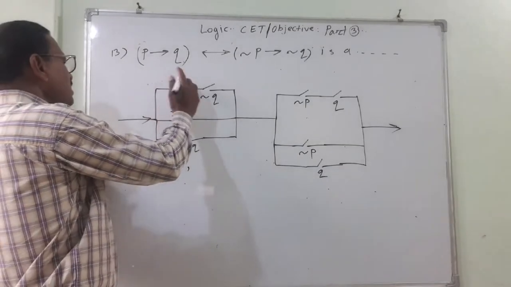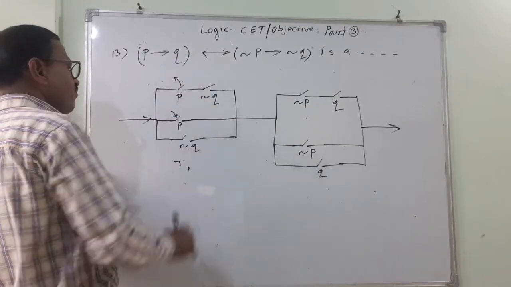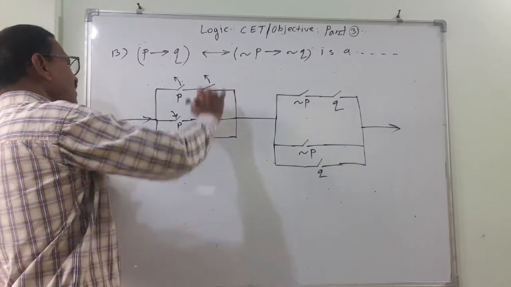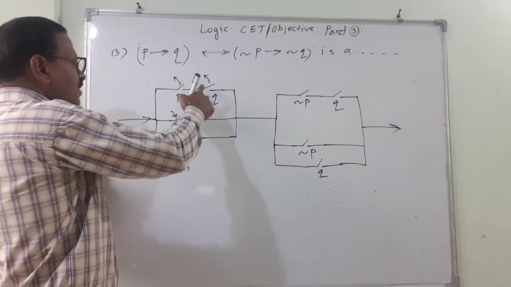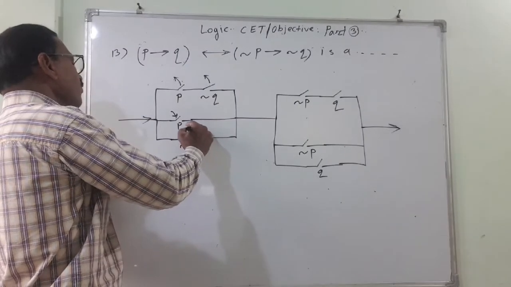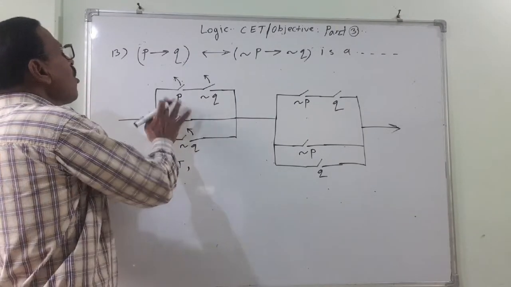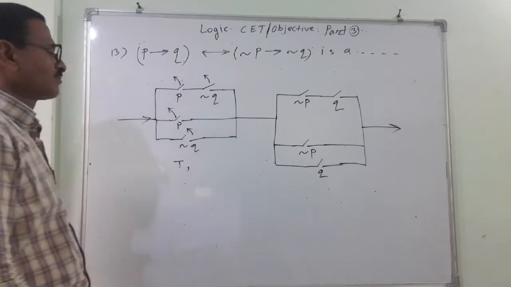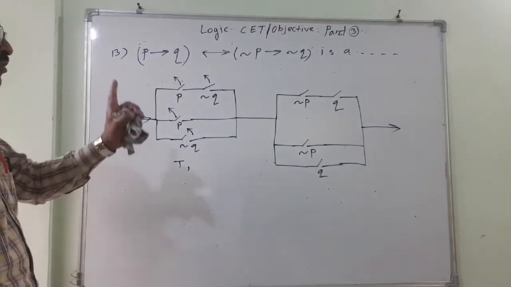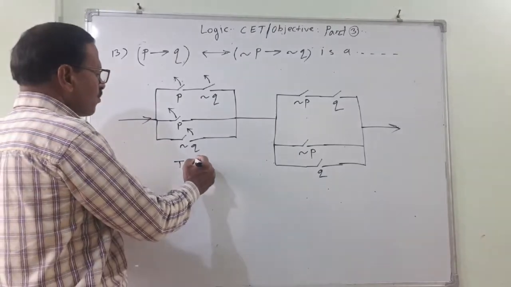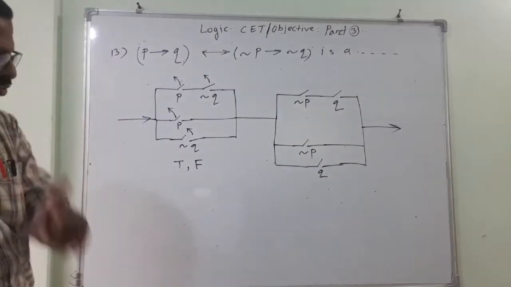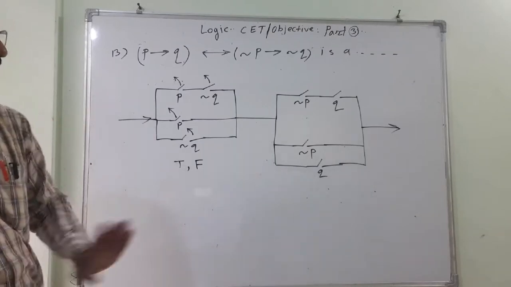Another, whether I get false or not. Now I will keep this off. This also off. If this is off, this is also off, because it is the same switch. From no branch will the current pass, so F. So true and false, these entries I am getting in this column.